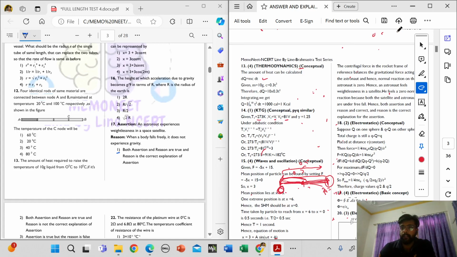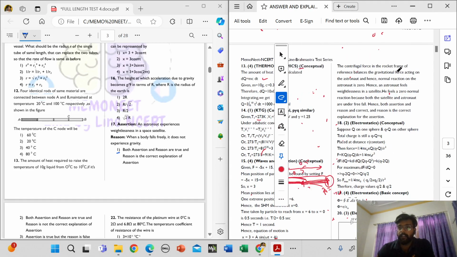See this explanation. The centrifugal force in the rocket's frame of reference balances the gravitation acting on the astronaut, hence the normal reaction on the astronaut is zero. This centrifugal force balances out the gravitational force, so there will be no normal reaction. That's zero, so it feels the weightlessness condition.